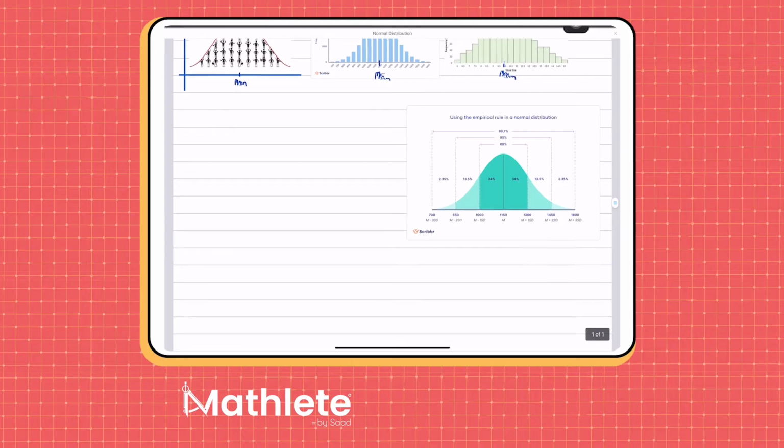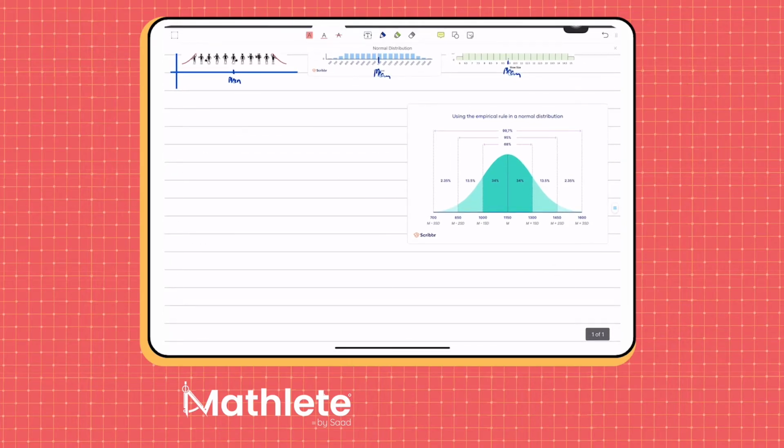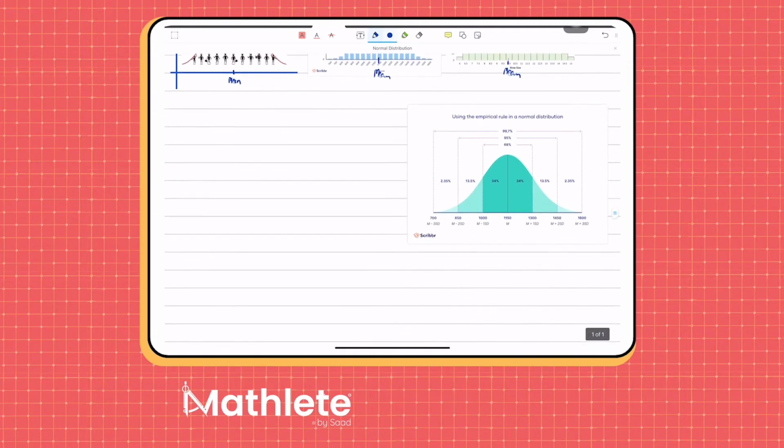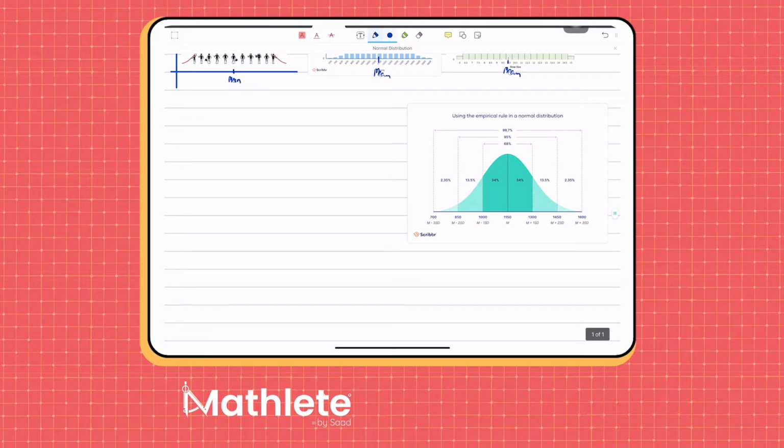Basically, the graph of a normal distribution has a certain pattern, and we find this pattern throughout. Just like we find a pattern with values such as salaries, shoe sizes, and SAT scores, the graph that we get has a certain pattern as well. So let's write that down.